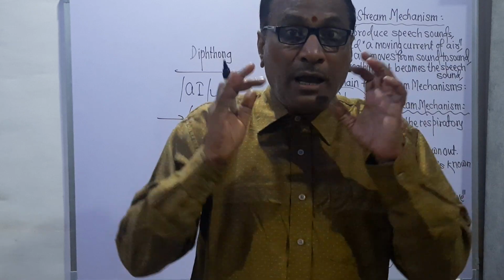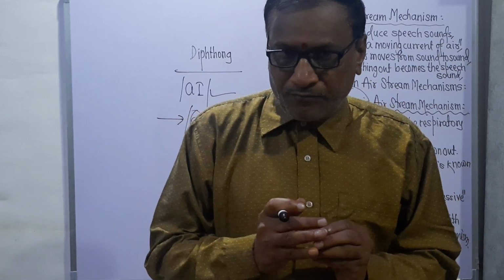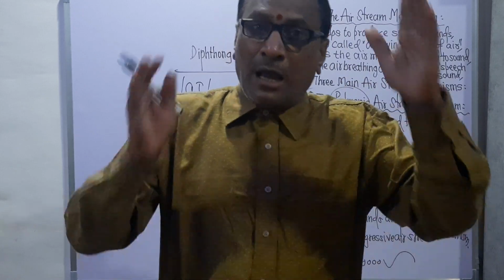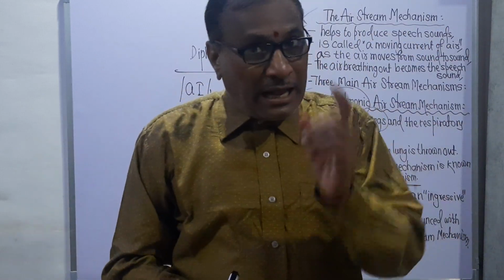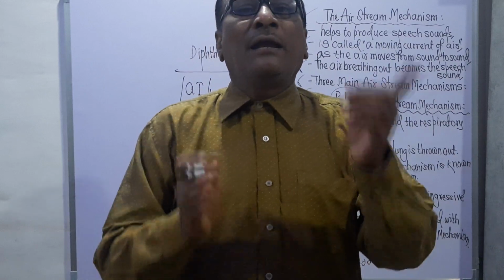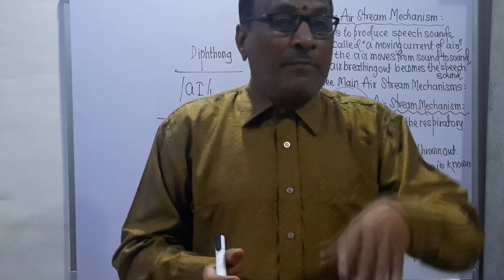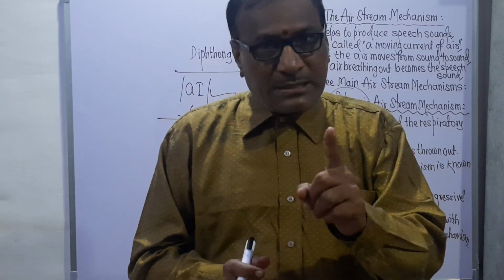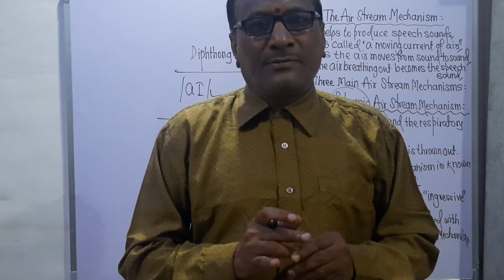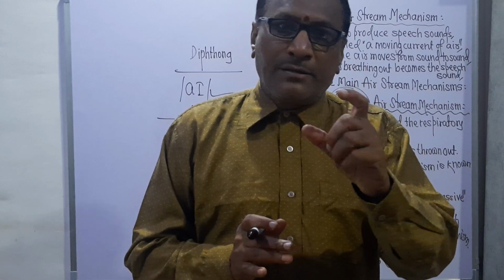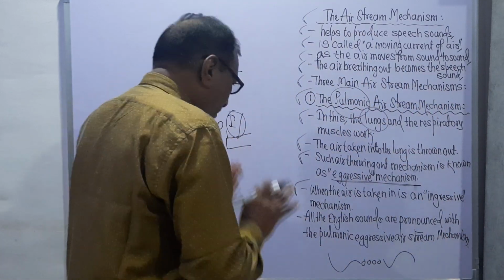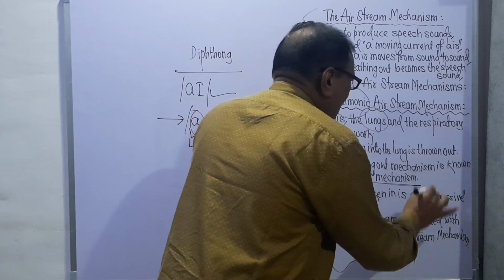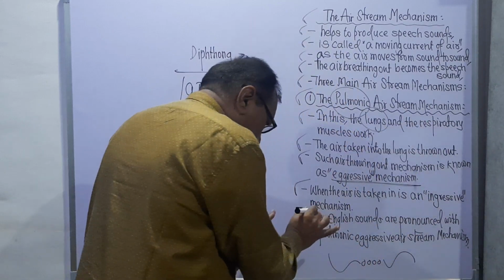That is called the ingressive mechanism. The pulmonic airstream mechanism is made with the egressive mechanism and the ingressive mechanism. Means these two mechanisms are available in one system, and that system is called the pulmonic airstream mechanism. So remember, when the air is taken in, it is an ingressive mechanism.